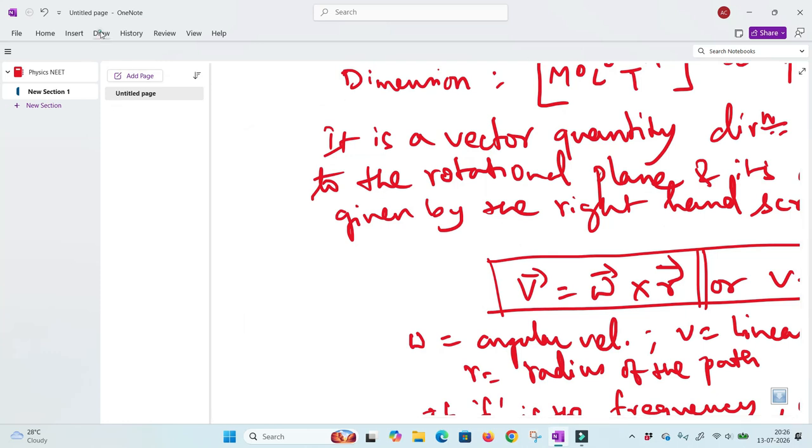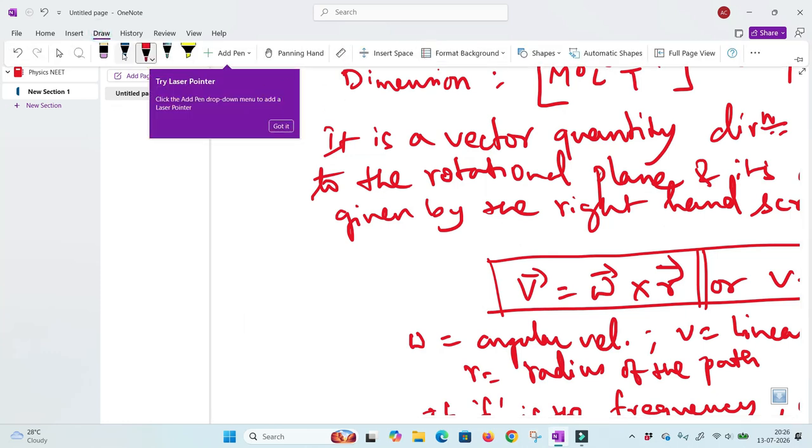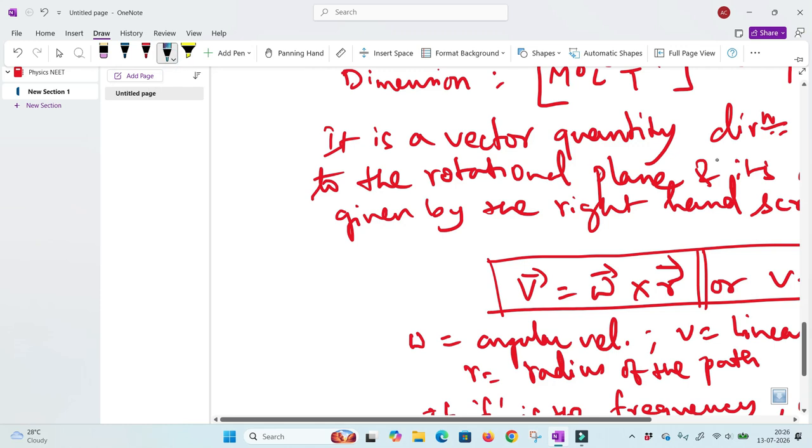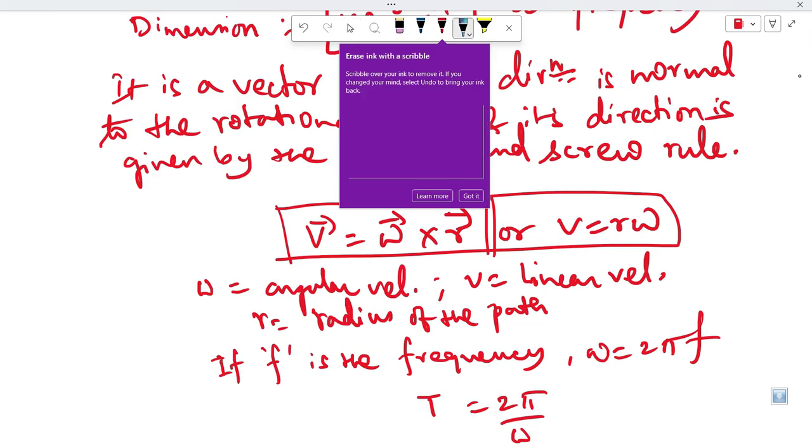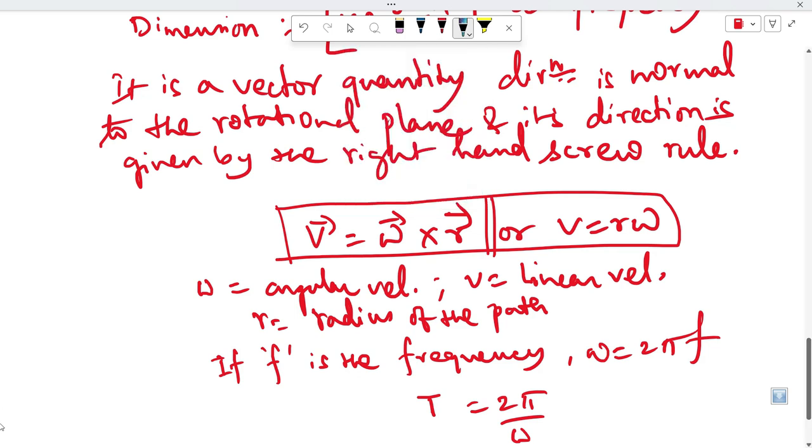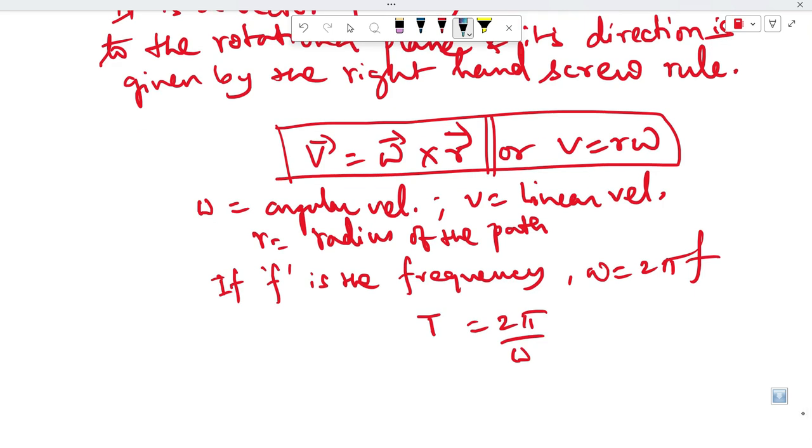So let us write about some more examples here. Let me differentiate linear motion and rotational motion.